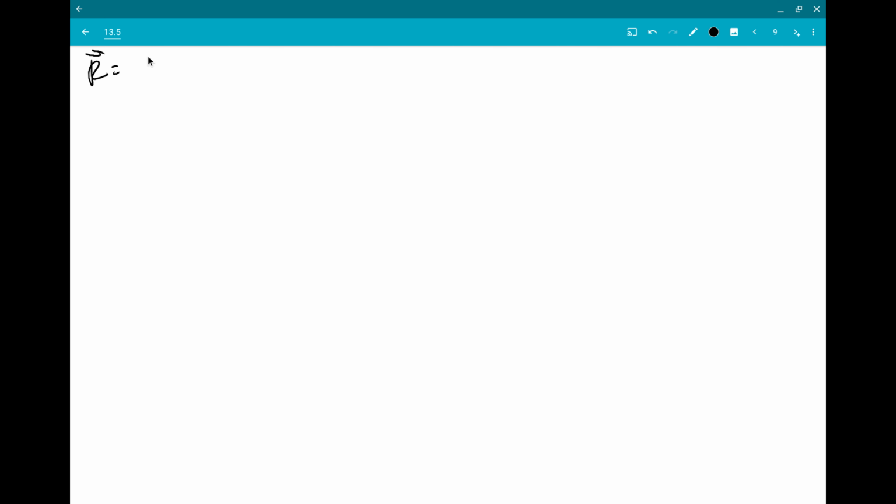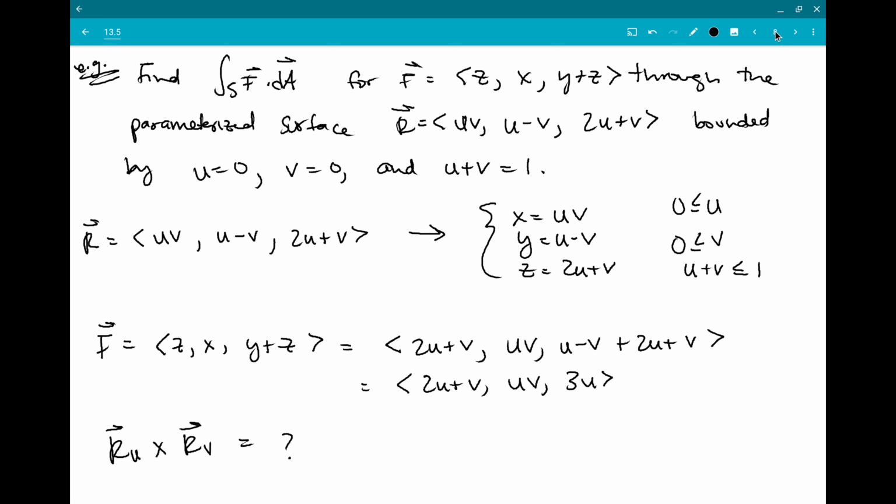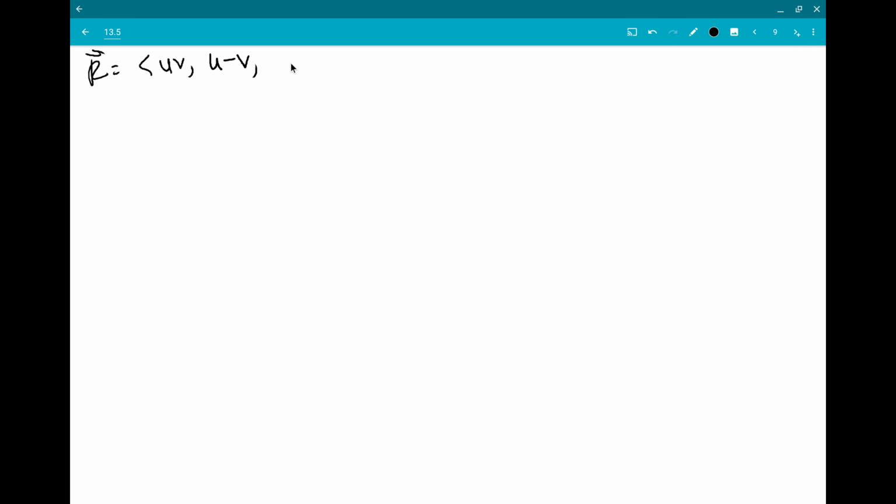So our r was uv, u minus v, 2u plus v. And so r sub u is going to be taking partial derivatives with respect to u. So here I'm going to get v, I'll get 1, I'll get 2.